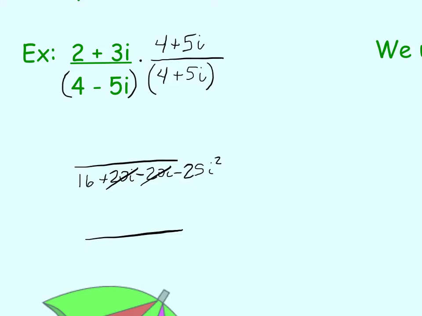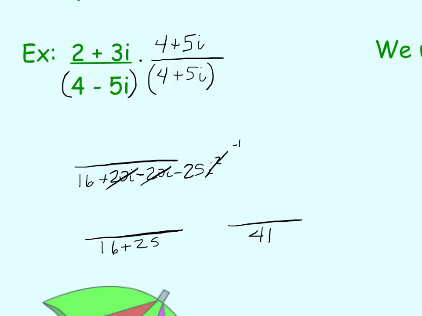And negative 25 times i squared, remember i squared is -1, just becomes 16 plus 25, which is 41. So we've completely eliminated i from our denominator by multiplying by a conjugate.